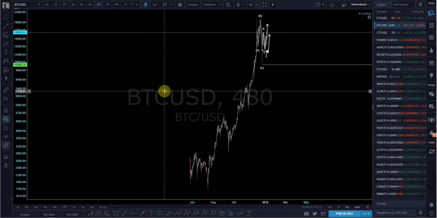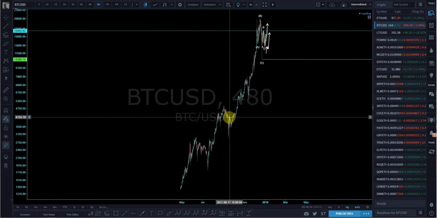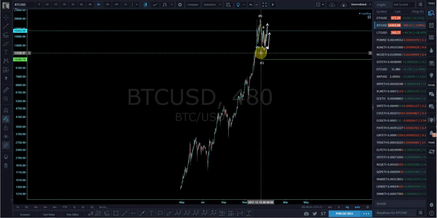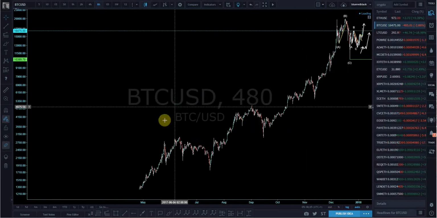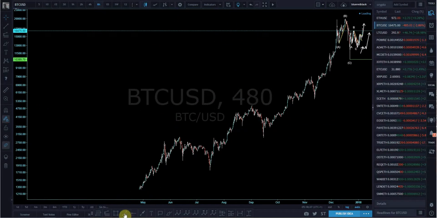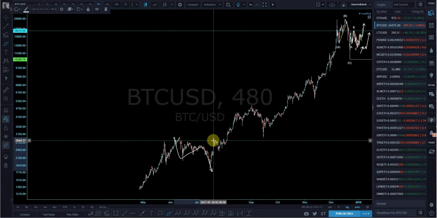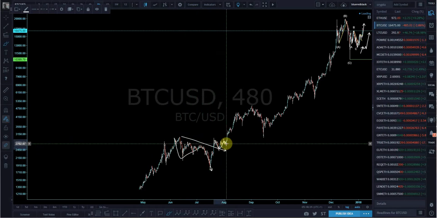And let's look through the rest of Bitcoin. Where is it? 10. Yeah, so like it works pretty damn good. So you have 1, 2, 3 breaks out of the corrective structure, and then it gives you another flag.